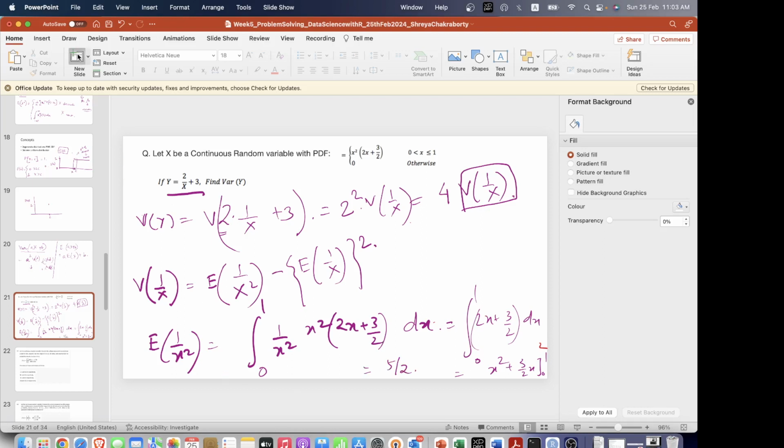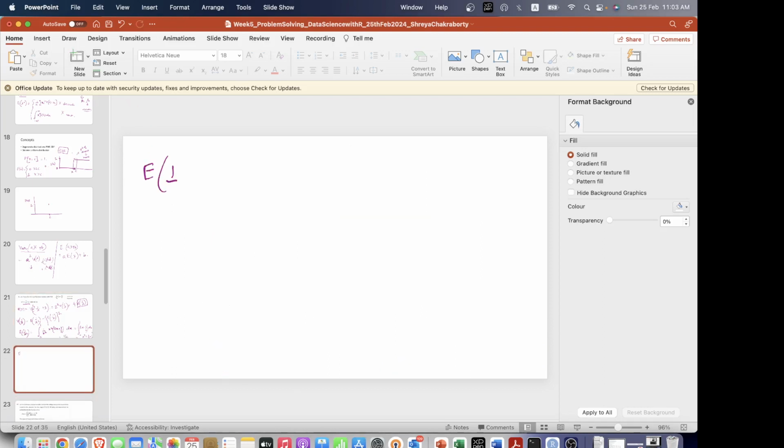Again, expectation of 1 by x would be integral of 1 by x into x square into 2x plus 3 by 2 dx from 0 to 1. So 1 x cancels.